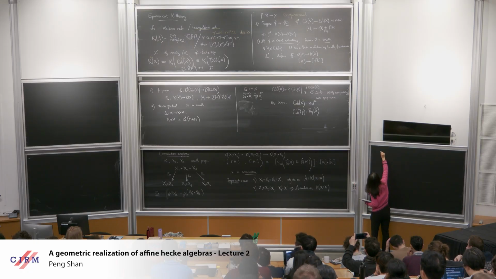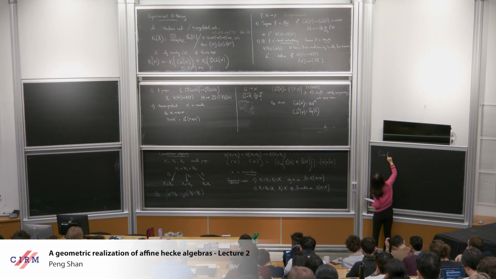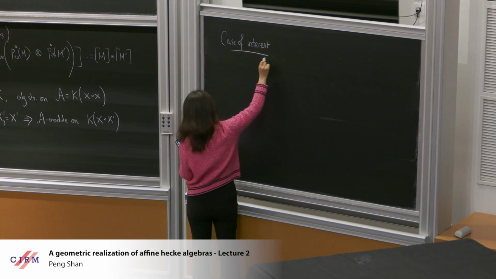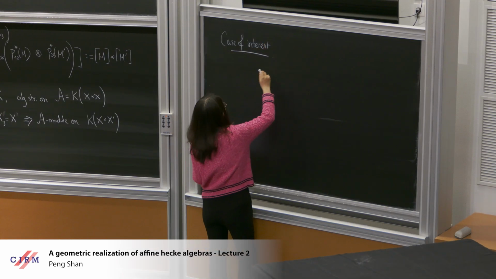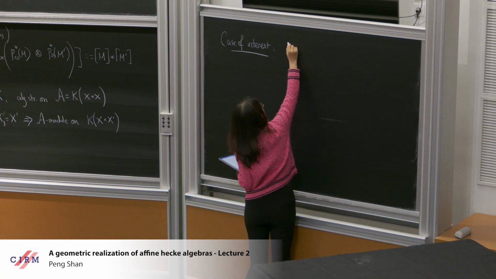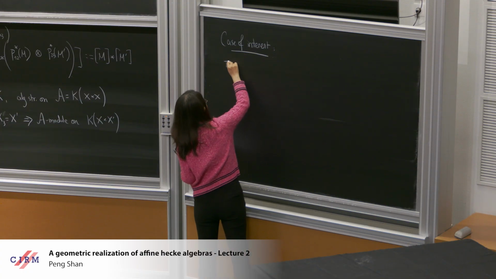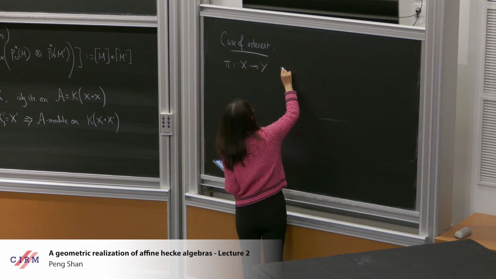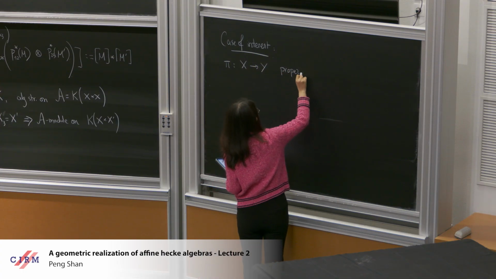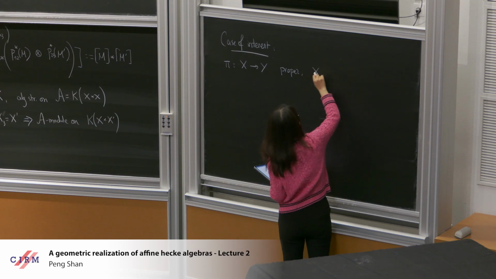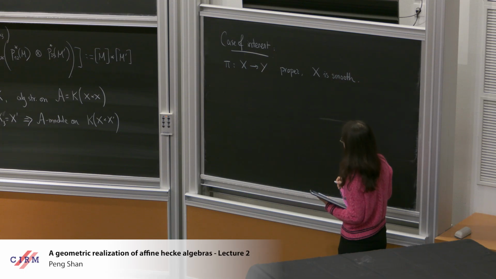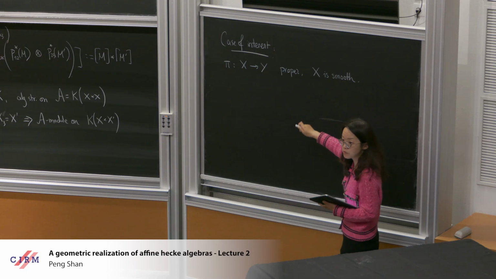So our case of interest is the following: you have a map from X to Y, which is proper, and X itself is smooth, but it may not be proper.